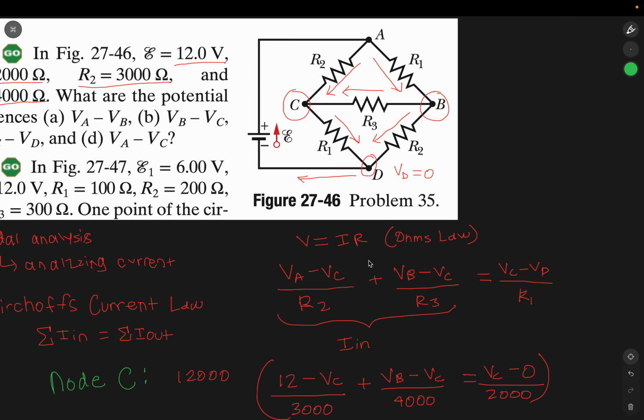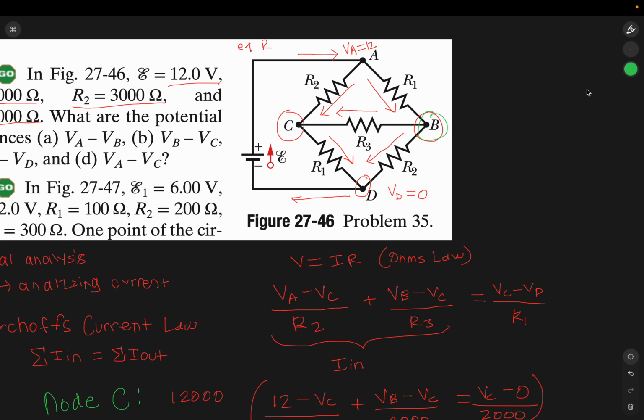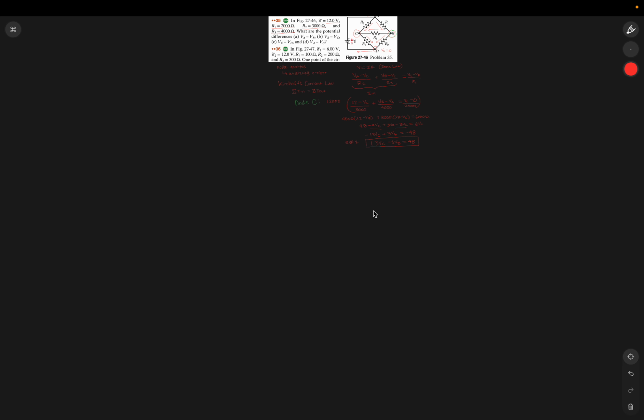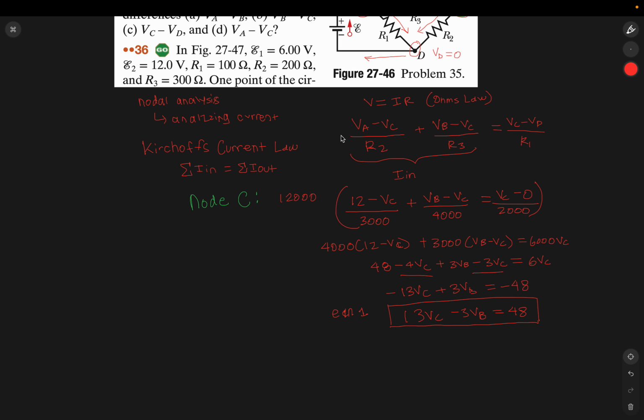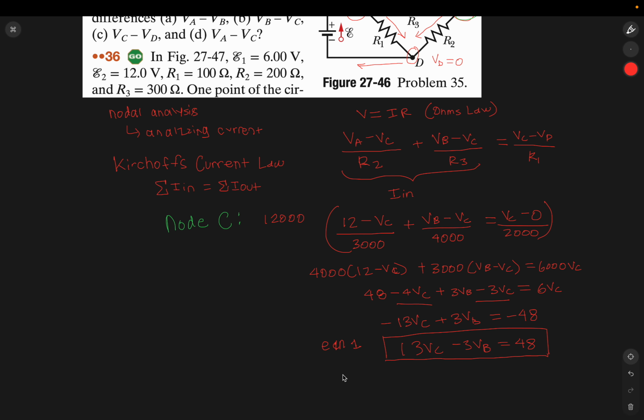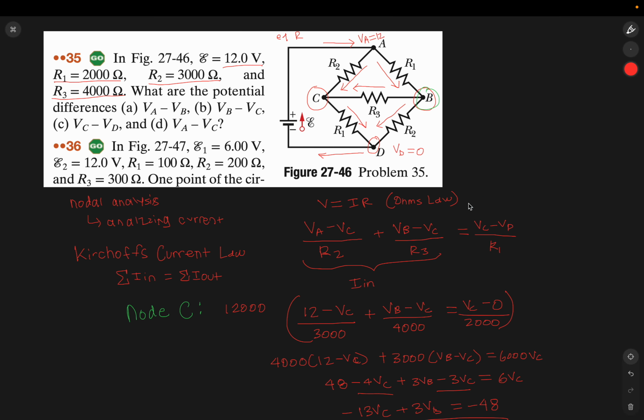So now let's analyze node B. So for node B, let's take a look at our current direction.